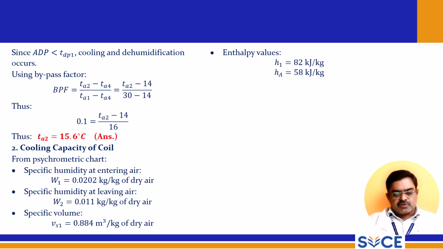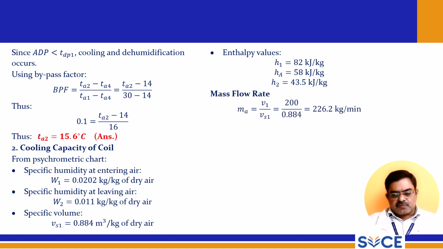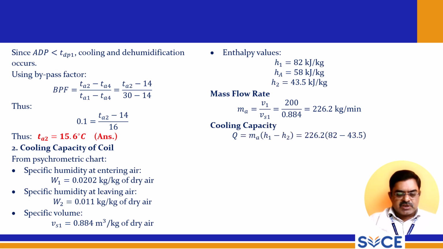Enthalpy values H1 equal to 82, HA equal to 58 and H2 equal to 43.5 kilojoules per kg, and mass flow rate can be found out by V1 divided by Vs1, so that becomes 226.2 kg per minute. So cooling capacity equal to MA (H1 minus H2), so that is equal to 8709 kilojoules per minute.